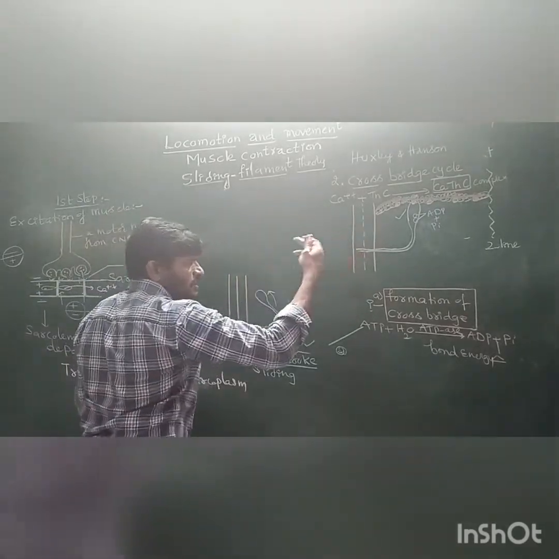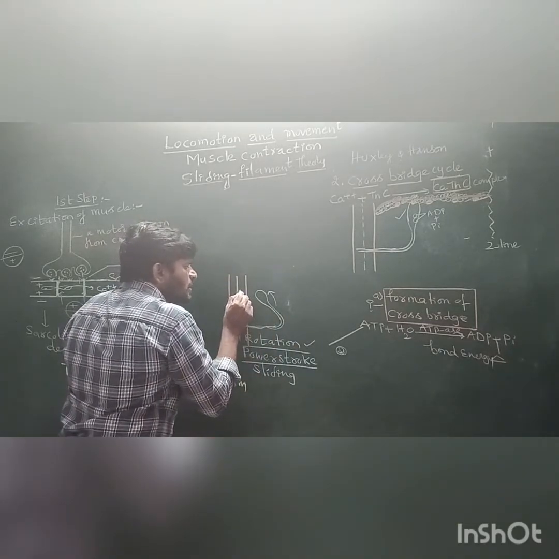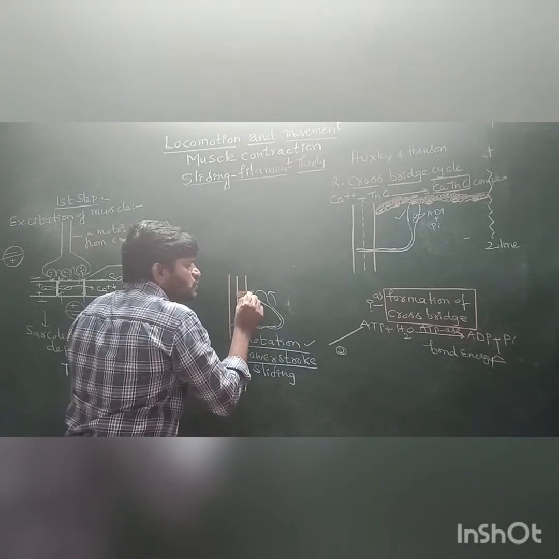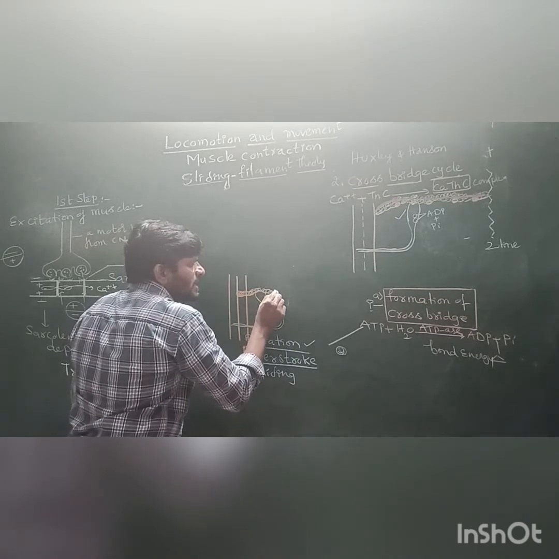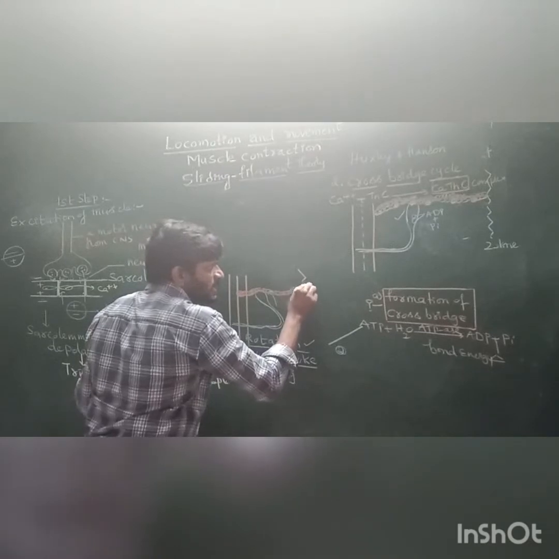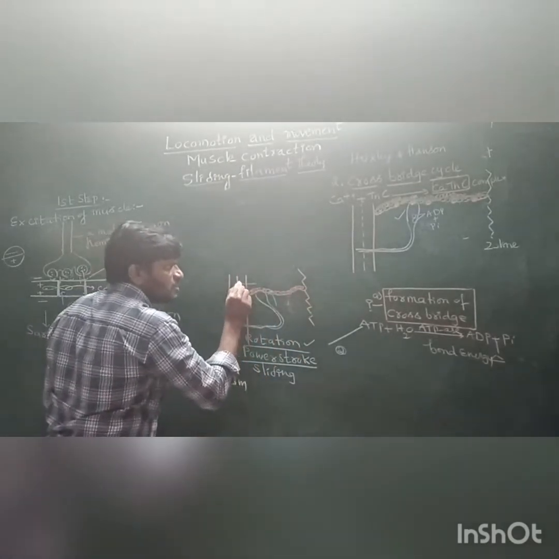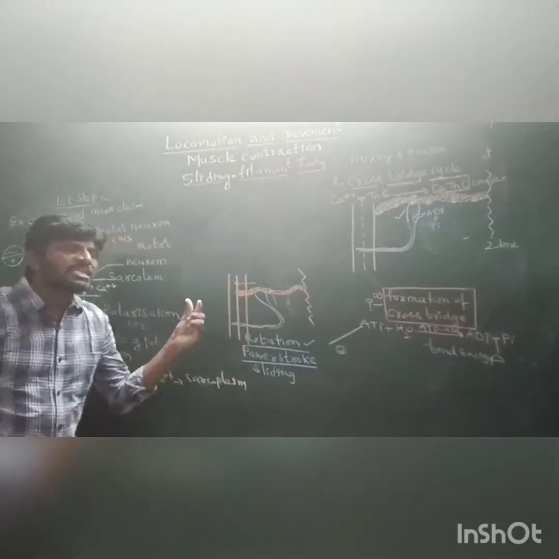You know, the region between two Z lines is called the sarcomere. Here, when the Z lines come near, the half sarcomere length decreases.